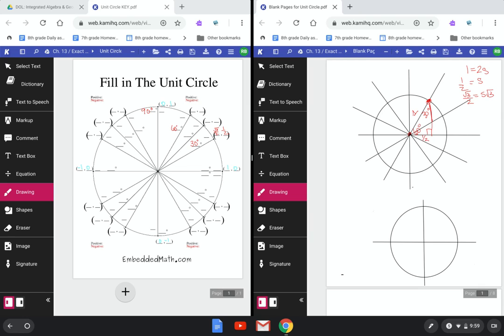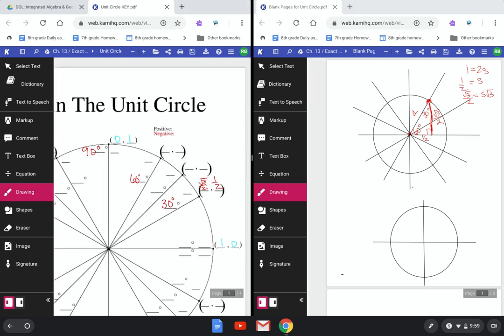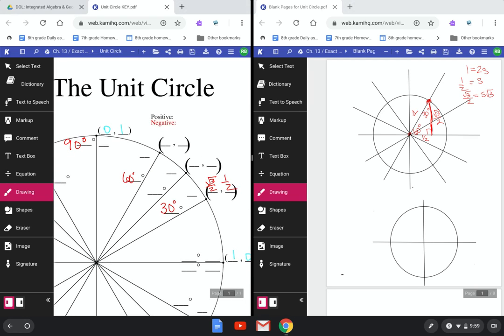And then the y-axis would be across from 60, which is root 3 over 2. Over here, that would be this point right here. So to get to this point, it's x comma y. Well, the x in this case is 1/2, and the y is root 3 over 2.